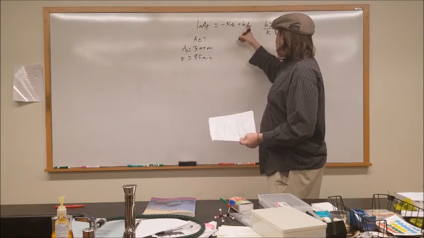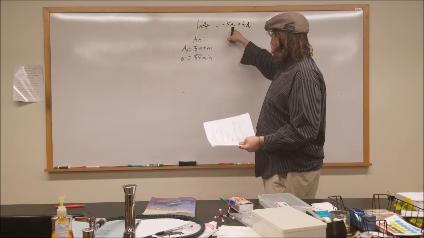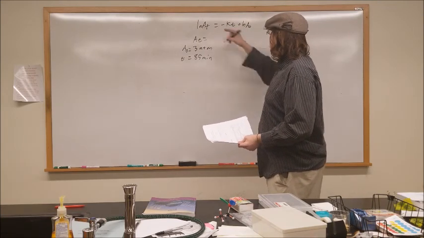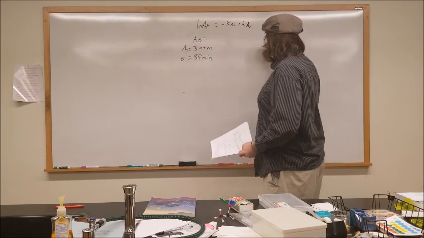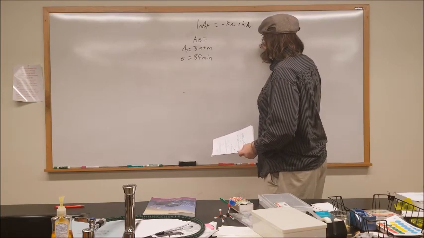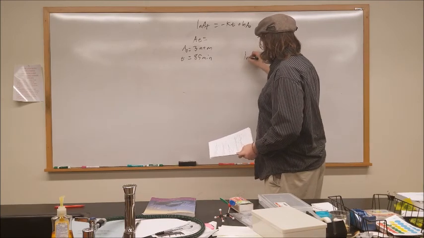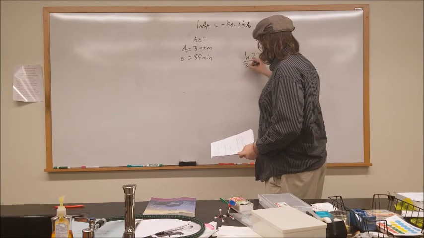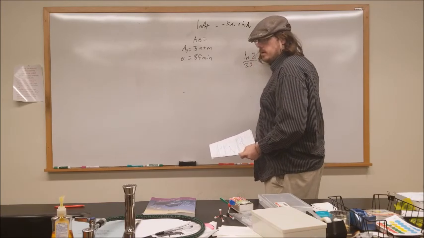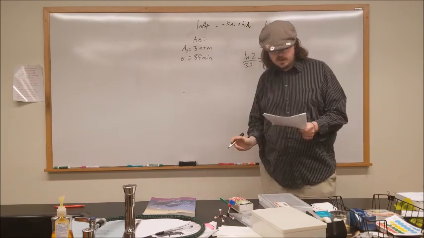We need A sub 0, we need K, we need t. But we don't have K. Fortunately, we have the half-life is 20 minutes. ln 2 over 20 will be used to get our K.